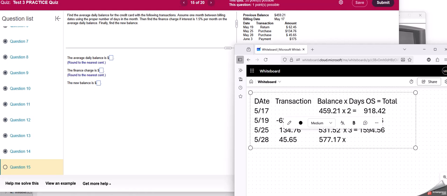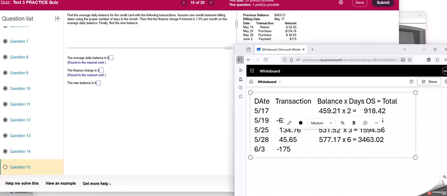And then we say how many days did we have that outstanding? Well, there would be 3 days to get to the end of May and then 3 days into June. So that's going to be 6. So $3,463.02.